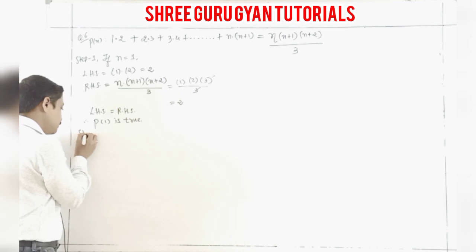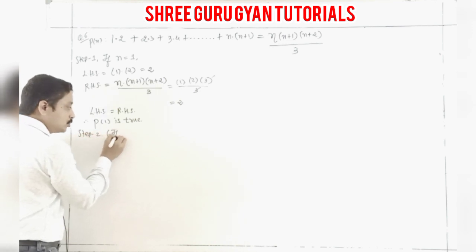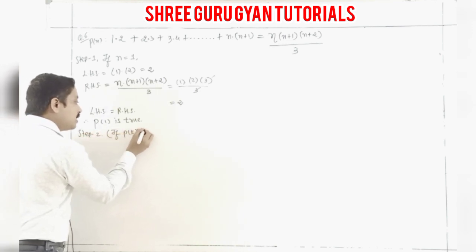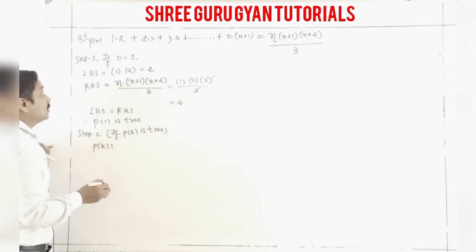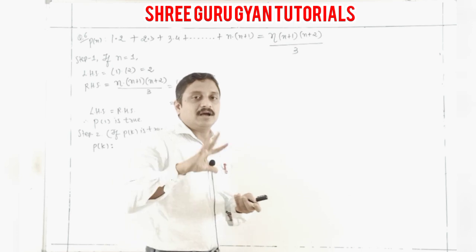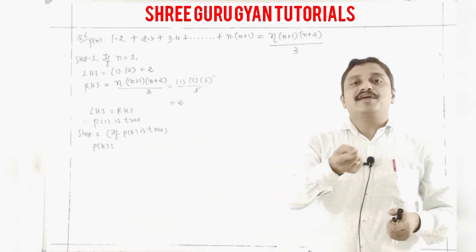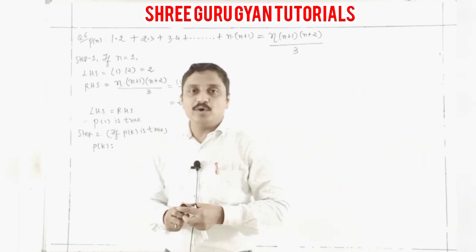Now step 2. What is step 2? If P(k) is true. So apply our given term P of n, converting into P of k. Yes students, I am going to go slowly.